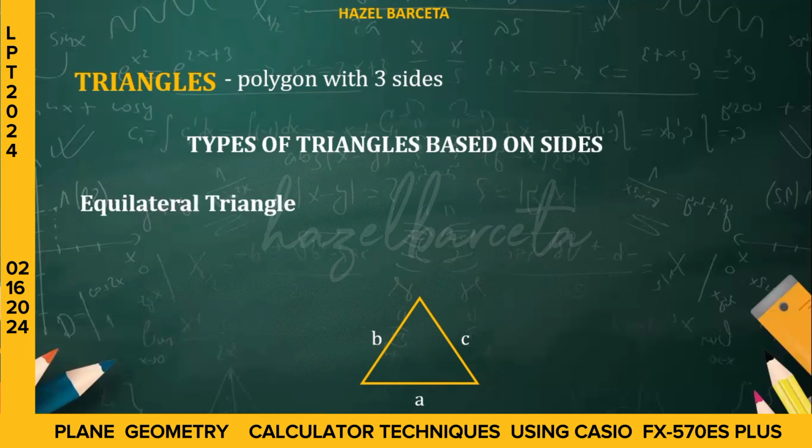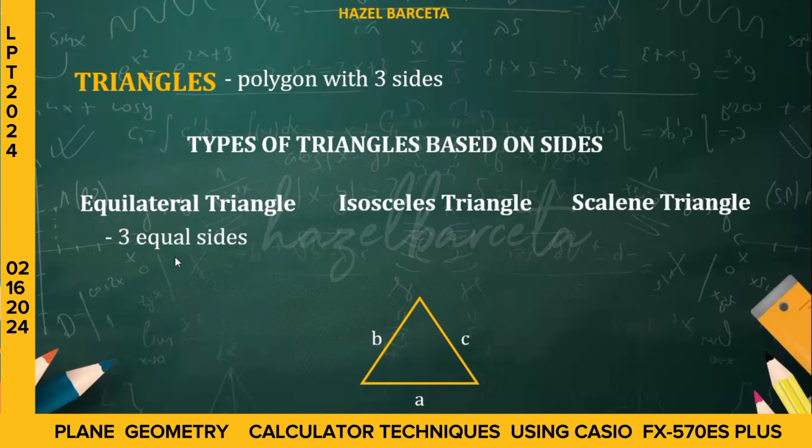Ano-ano po yun? Equilateral triangle, isosceles triangle, and scalene triangle. So, equilateral, equal sides. 3 equal sides. Kapag equal sides, equal angles. So, kung equal sides, therefore, A is equal to B, which is also equal to C.